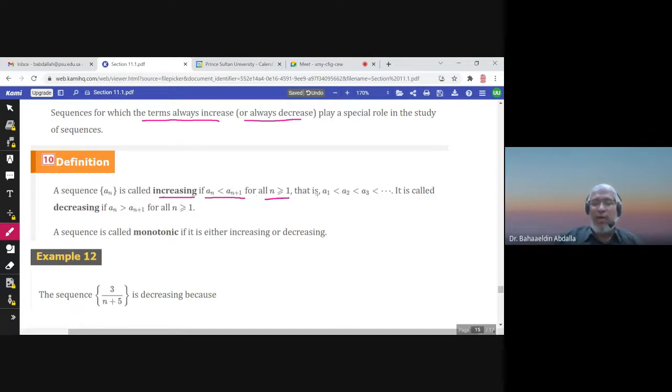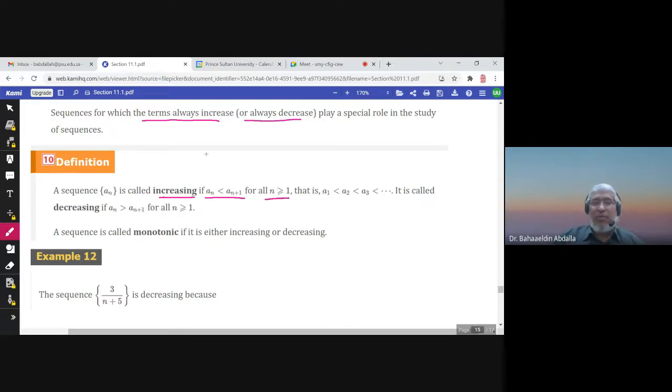So a1 is less than a2. The first term is less than the second term, and the second term is less than the third term, and so on. If this happens, then the sequence is increasing because when you go to the right, the numbers increase.